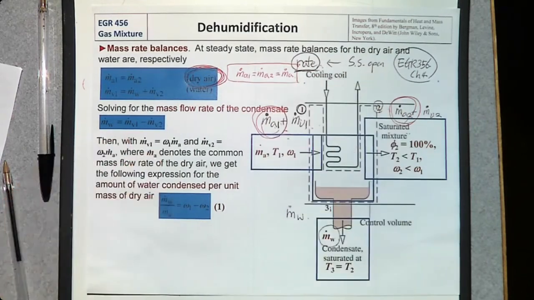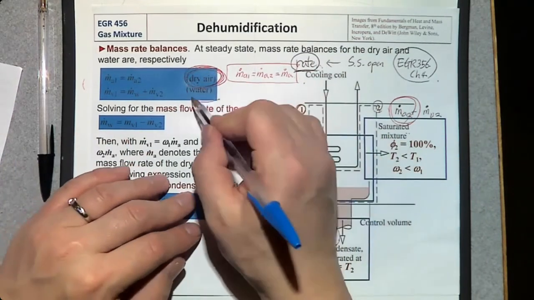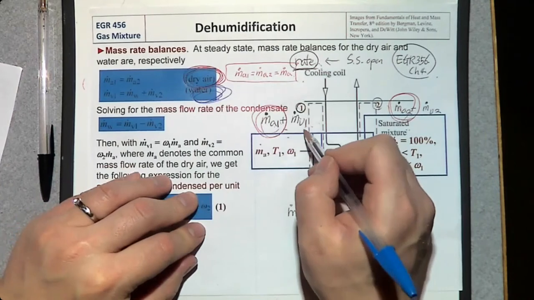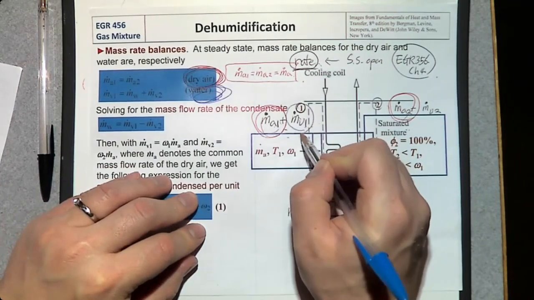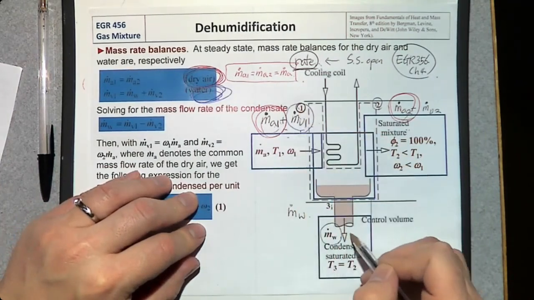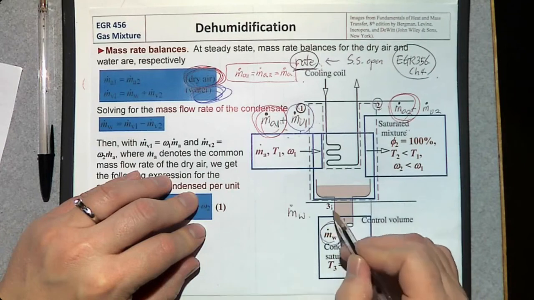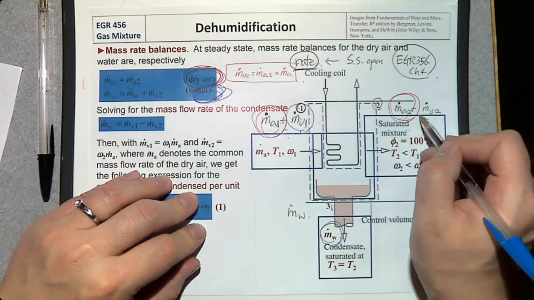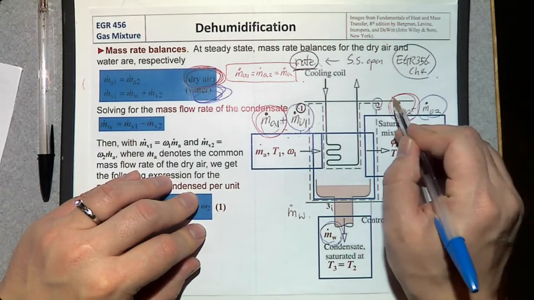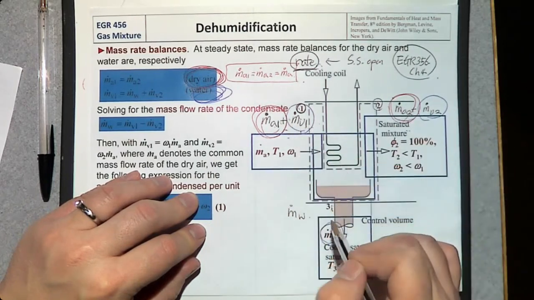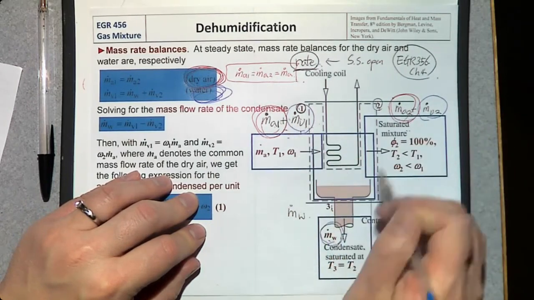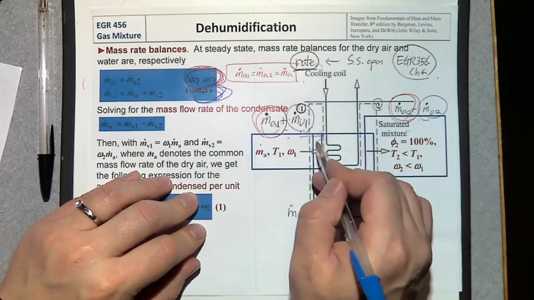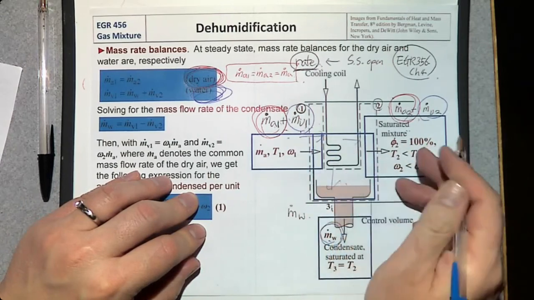What about water? We have water vapor at inlet number 1, liquid water at number 3, and water vapor at number 2. So this one should be the same as the sum of this one and this one because we only have one inlet, two exits.